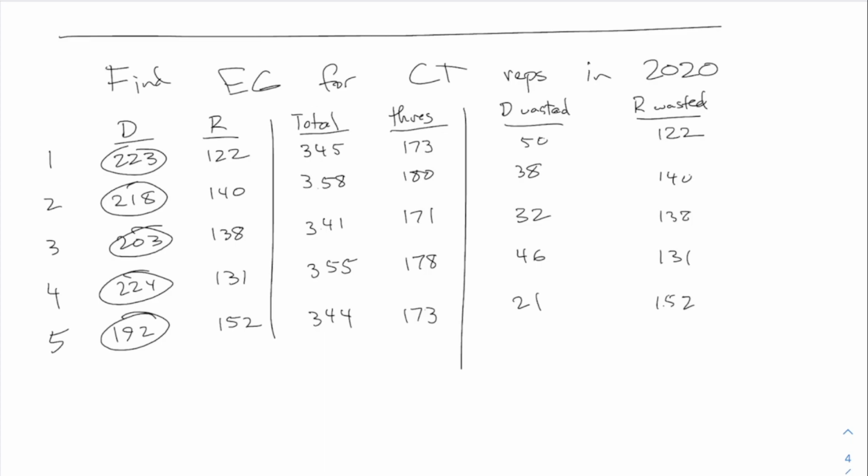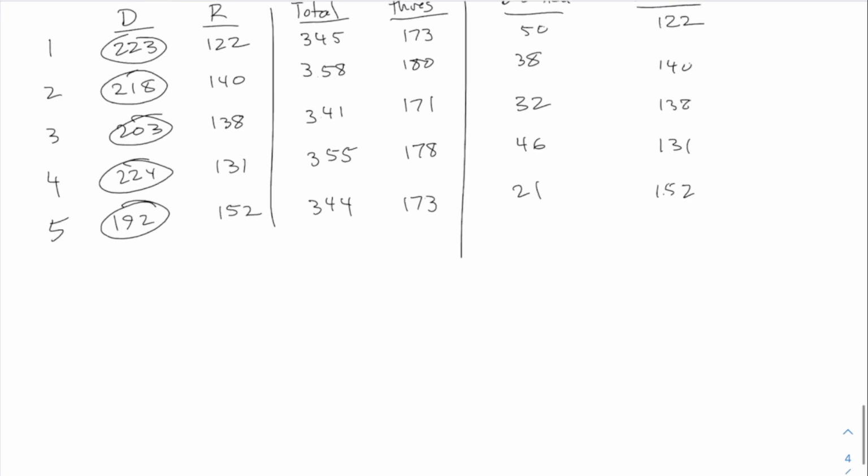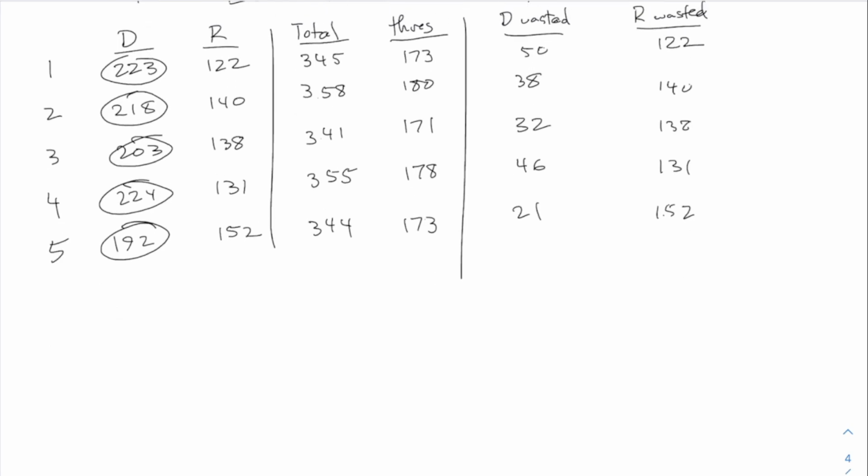All right. These are the D-wasteds and the R-wasteds. And now we're done with the work, really, although we just have to add things up and divide things out. So here I added these up on my paper. I hope that this number is still correct. I got 187, and when I added the R wasted on my paper, I got 683. And the total, I got 1743. All right. And so my final answer is, the efficiency gap is, I make that fraction. Up top is always these two numbers, the bigger minus the smaller.